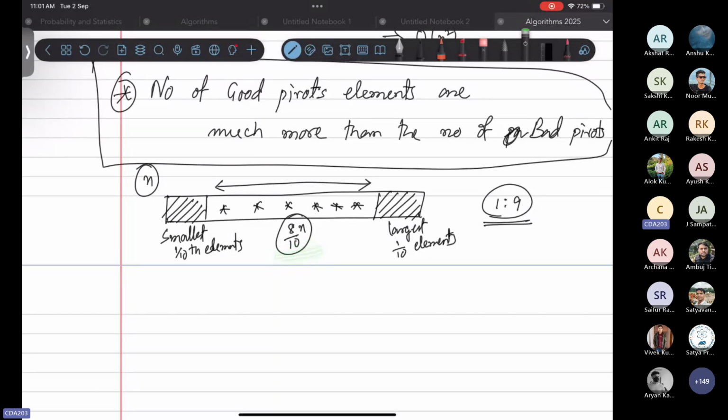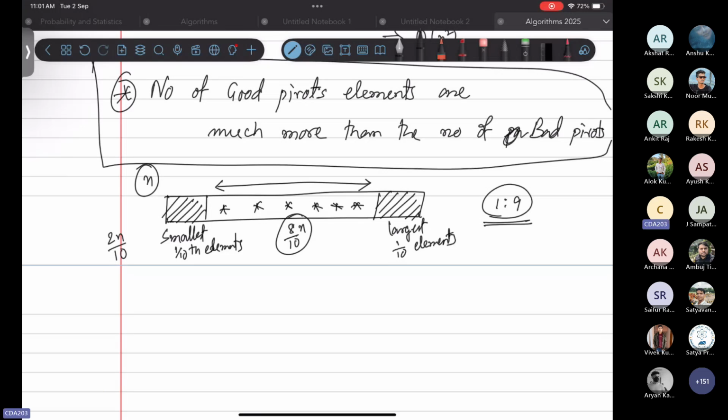Whereas if I take the smallest 1/10 or the largest 1/10, then I get a partition worse than 1:9. So how many elements will give you a bad partition? 2n by 10.